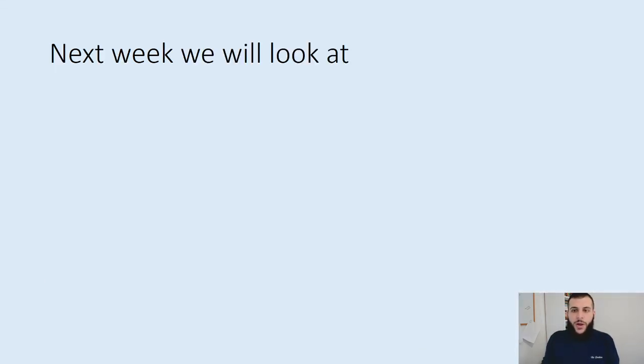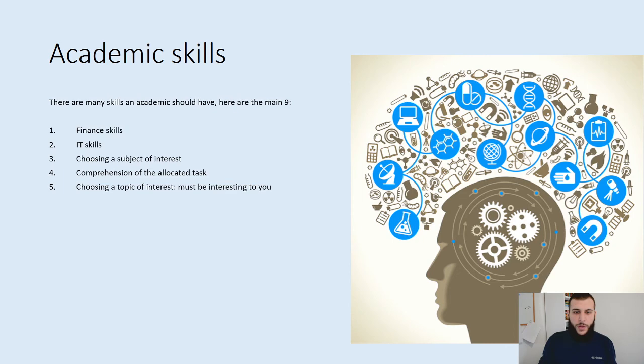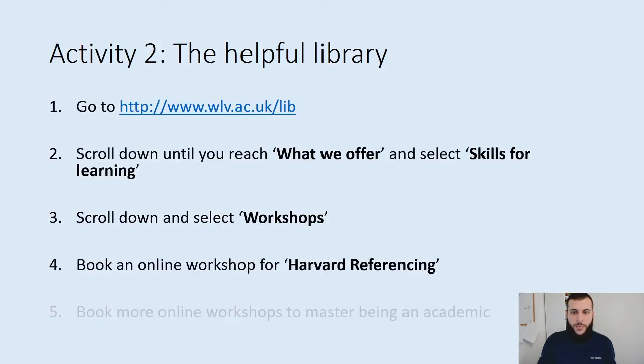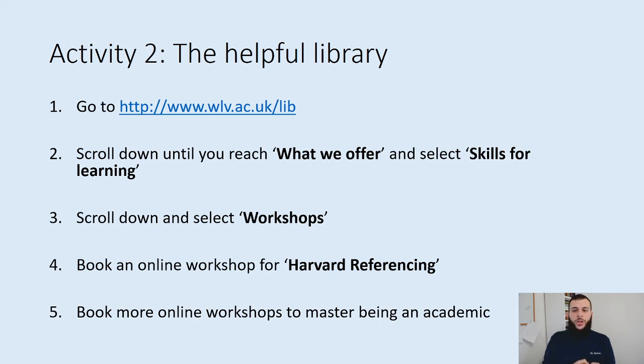But for now, I want to tell you what's coming up next week. Okay, so that's the end of today. You've only got one activity to remember, which is right down below this video. I'll just review it quickly so that we're all on the same page. Go on to www.wlv.ac.uk/lib. Scroll down until you reach what we offer.